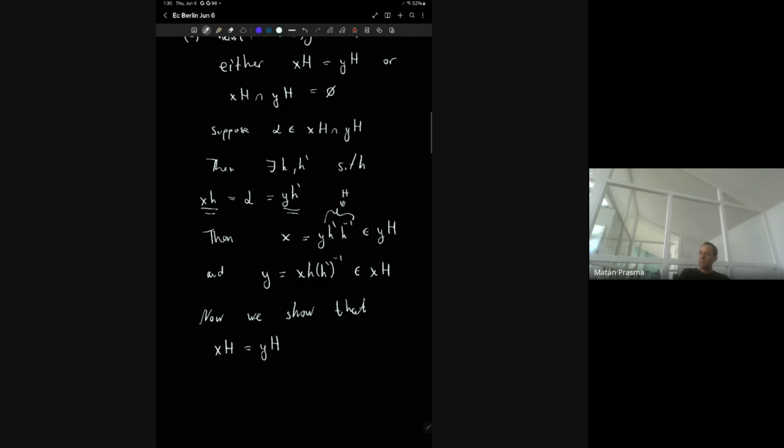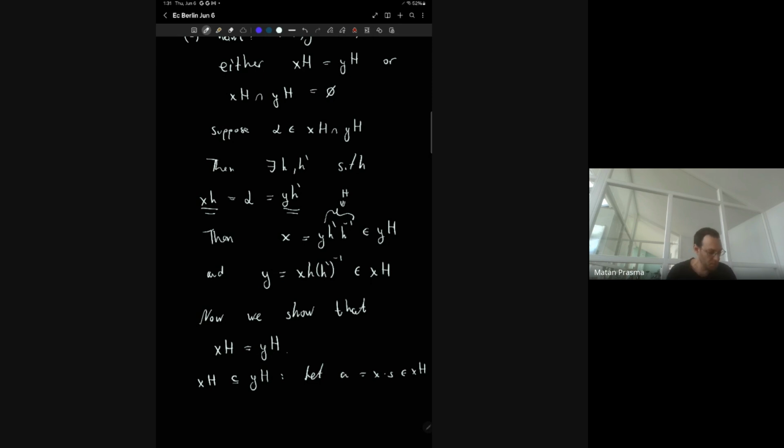Again, equality of sets you prove by a double inclusion. And so here is one direction of inclusion. Let a equals x s, I don't know, xs, be an element in xH.